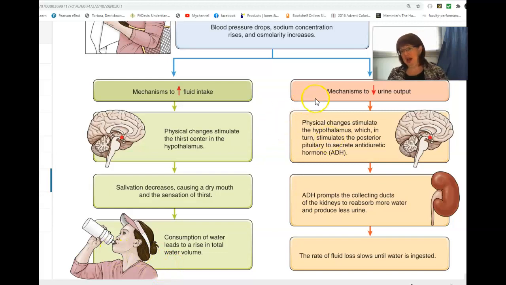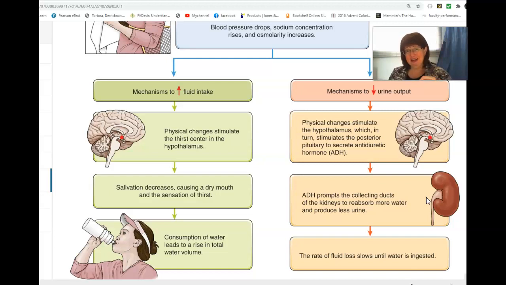Now, if you have a longer term reaction, the thirst center stimulates the hypothalamus, as we talked about, and then the hypothalamus will stimulate the posterior pituitary to secrete antidiuretic hormone. Antidiuretic hormone will stimulate the collecting ducts and also the distal convoluted tubule to absorb more water.